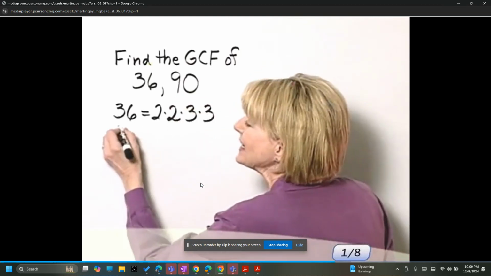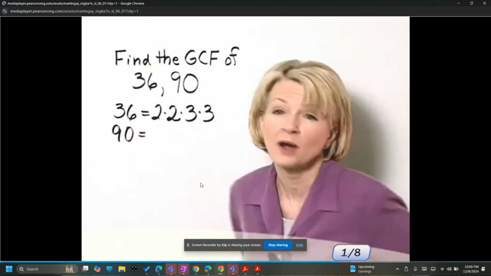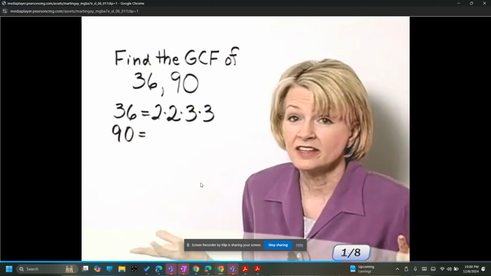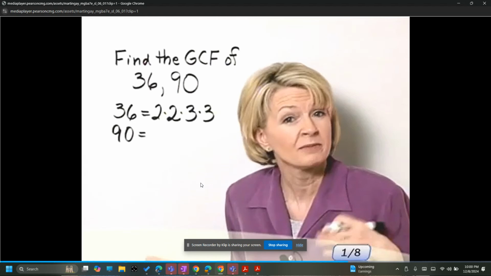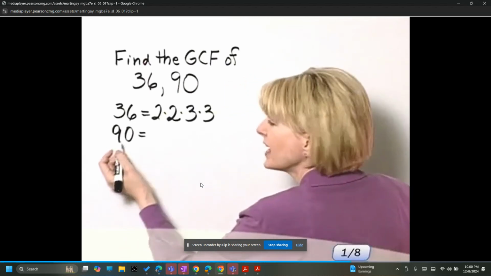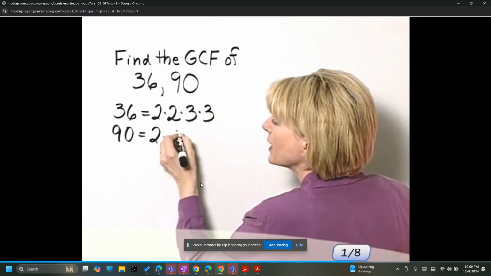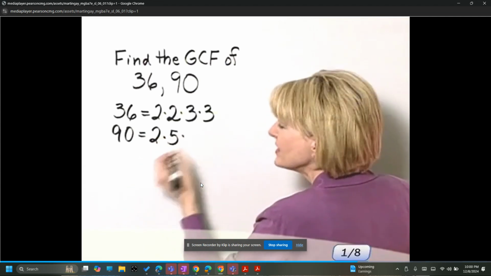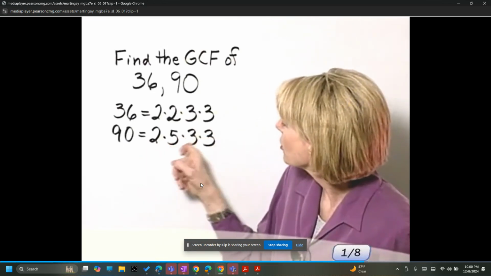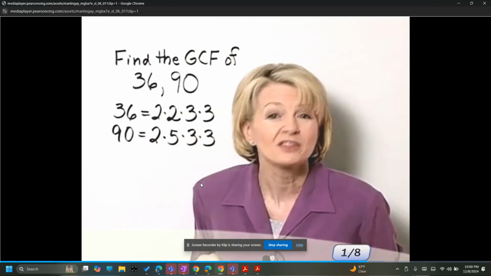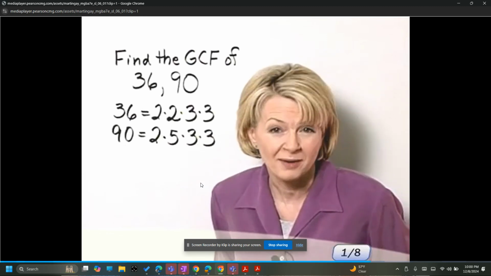What about 90 as a product of prime numbers? I just like to think of two numbers whose product is 90. What about 10 times 9? All right, 10 is 2 times 5, and then 9 is 3 times 3. These are all prime numbers, so I've written 90 as a product of prime numbers.